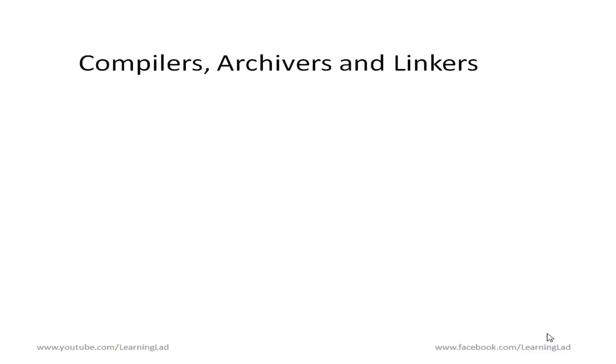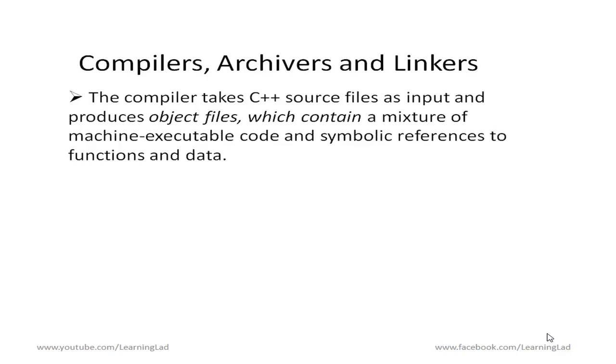So now we're gonna see the compilers, archivers, and the linkers in detail. So the compiler takes a C++ source file as the input and it produces the object files which contain a mixture of machine executable code, the code in zeros and ones, and also some symbolic references to the functions and data.